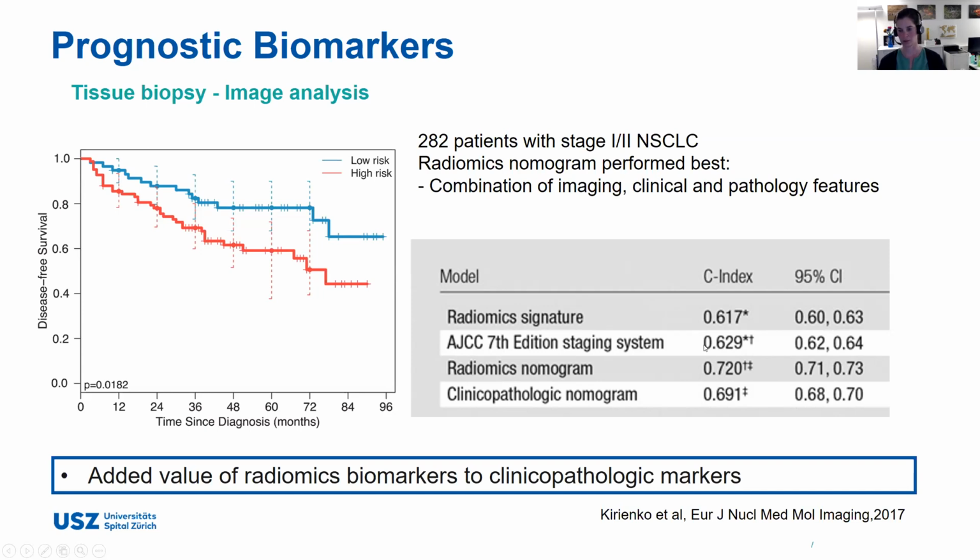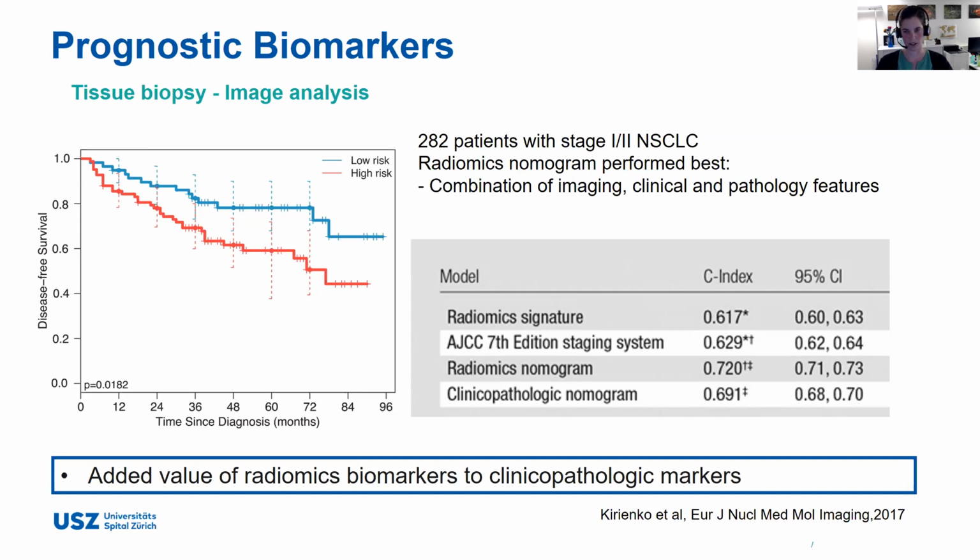But then if we combine the different parameters in this so-called radiomics nomogram, then we have a significantly better performance. And this slightly outperforms also the clinical pathologic nomogram, where only clinical and pathological parameters are included. So the imaging brings some added value here in making the prognosis for the patient.